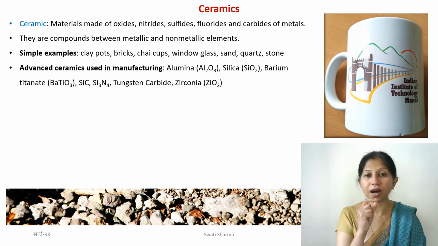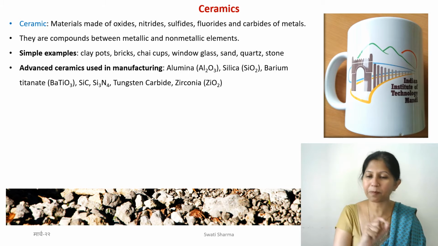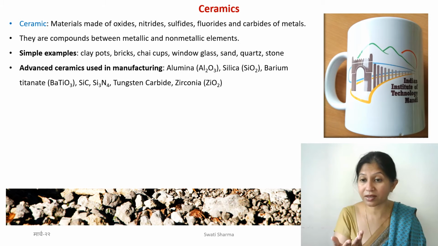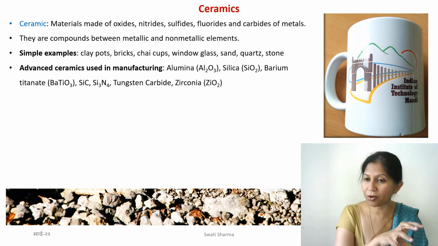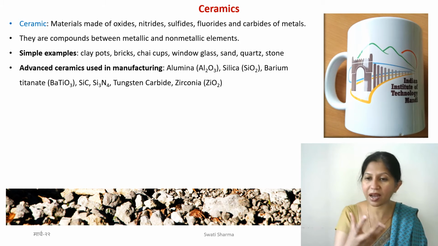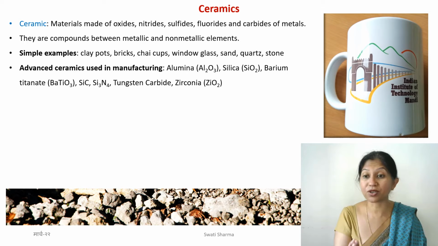We also sometimes can induce a certain property by, let's say, adding an impurity or some other element into it. For example, if you want to add color to glass, you can add a little bit of something else which is not the primary material of that glass. So by changing a few little things, you can change the properties.